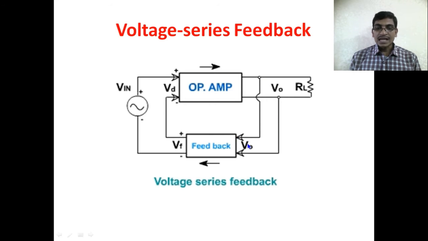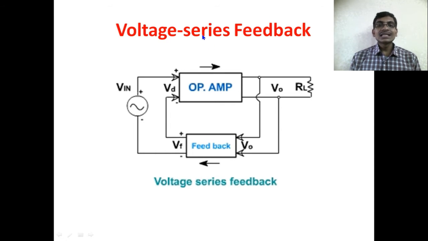The feedback section's input is the output voltage V0 and the load voltage is also V0. The same output voltage V0 appears across the load as well as the feedback block. The feedback section gives one output voltage, Vf, called the feedback voltage.